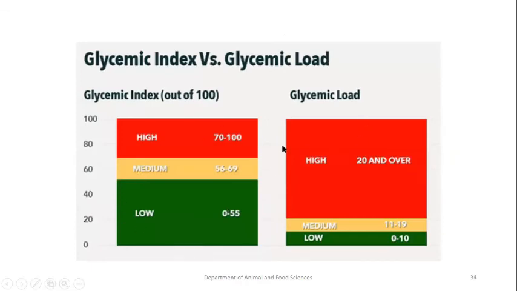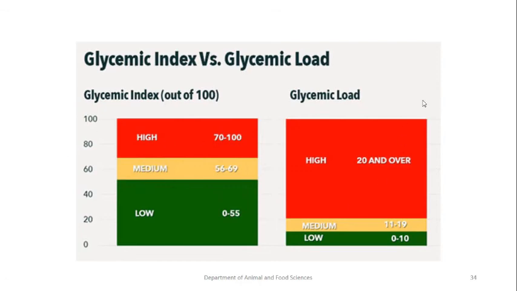Then this is the difference between the levels of glycemic index and the glycemic load. As I mentioned earlier, we refer to the low GI foods as the foods which have a glycemic index value of 0 to 55, the medium GI foods as glycemic index values of 56 to 69, and high GI foods as glycemic index values of 70 plus.